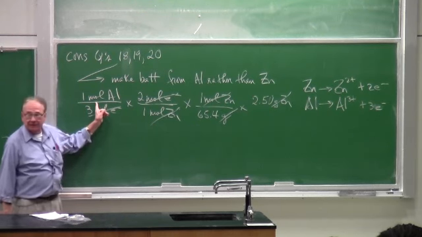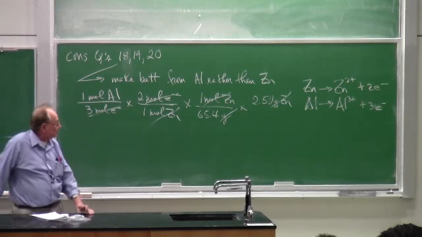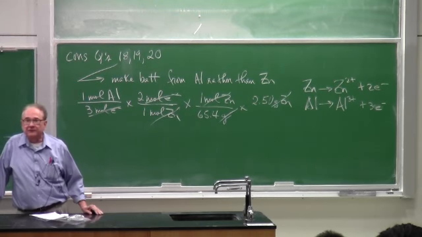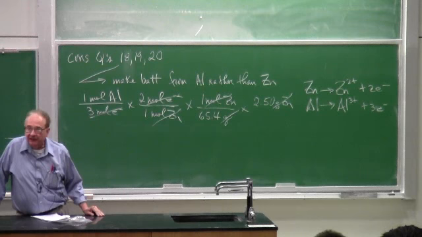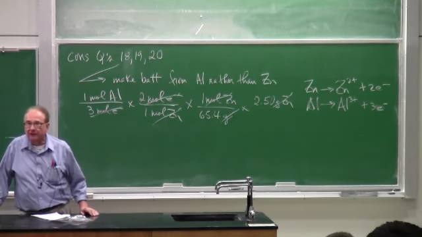And what do I wind up with? Moles of aluminum. So I found out how many moles of aluminum is in fact equivalent to 2.5 grams of zinc, electrolytically speaking. And if I want to convert this into mass of aluminum, what do I do now?